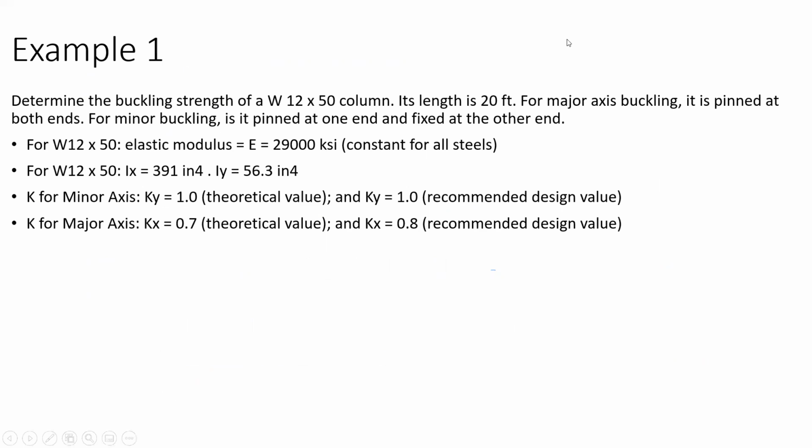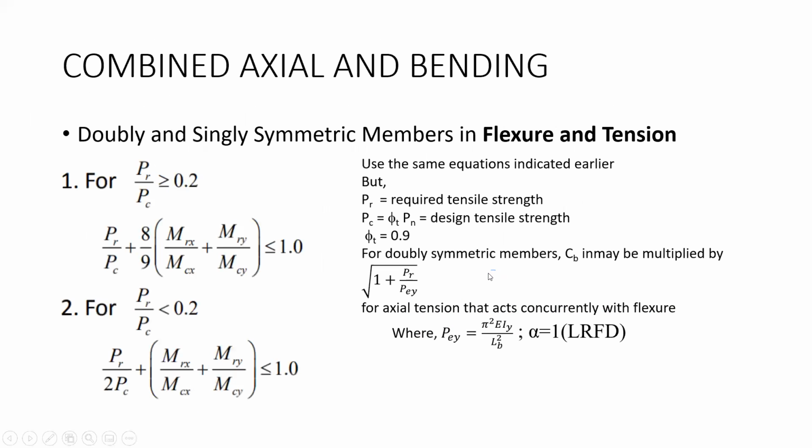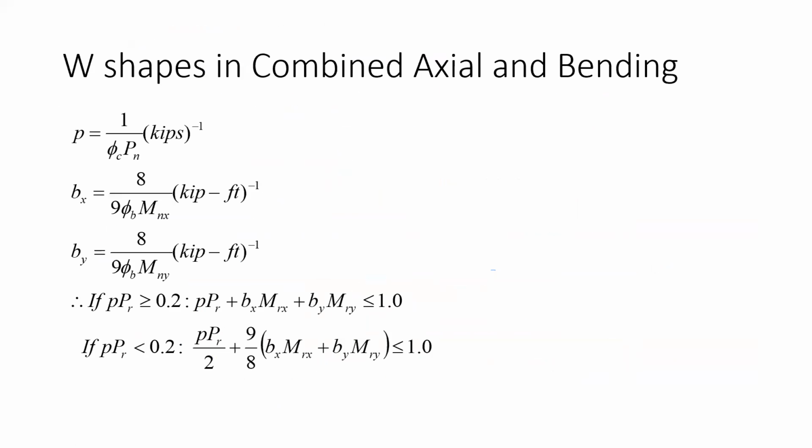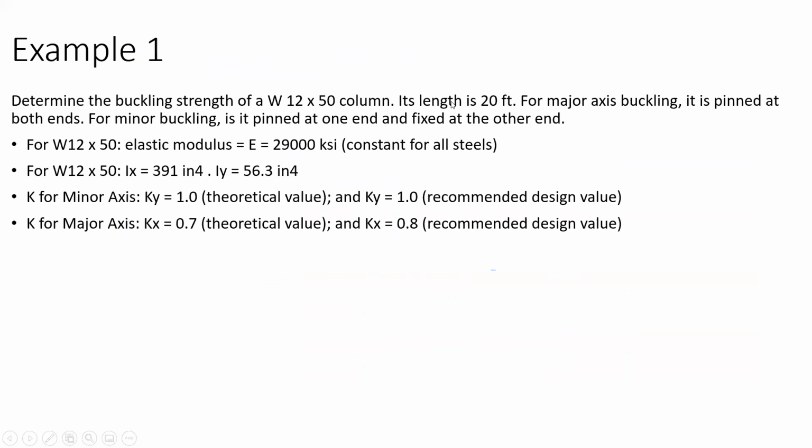Pwede may tanong lang po, ma'am. Yes. Paano po malaman kung ano yung minor axis sa major axis? Oh, the minor axis is kung saan tayo usually nag-bend. Meron ba akong example dito? Wala. So, for the minor axis, yun yung axis of least resistance. Wait lang, meron akong picture ata here. Teka, hanapin ko lang.